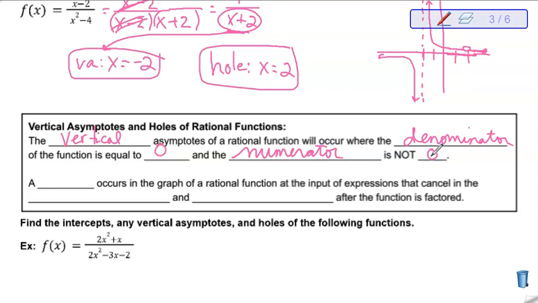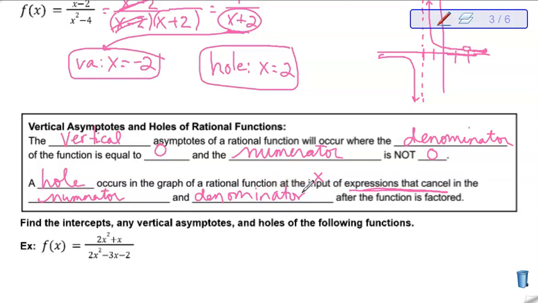Because the numerator wouldn't have anything on there. You're just looking at the denominator for vertical asymptotes. Now, a hole will occur in the graph of a rational function at the input, which is your x values, of expressions that cancel in the numerator and the denominator. So if they cancel, they create a hole.